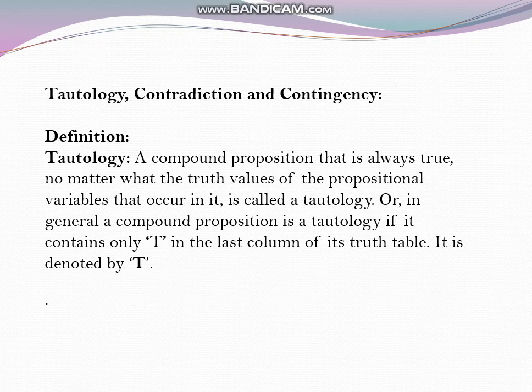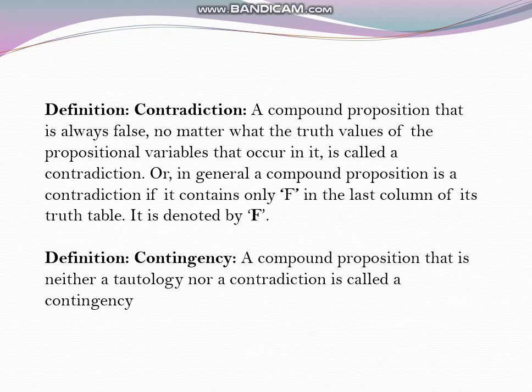So the next definition is contradiction. A compound proposition that is always false no matter what the truth values of the propositional variables that occur in it is called a contradiction. Or in general, a compound proposition is a contradiction if it contains only F in the last column of its truth table.